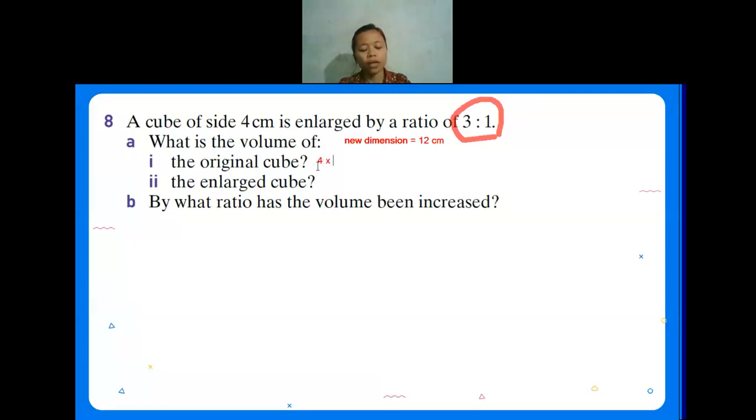So 4 times 4 times 4, which equals 64 centimeter cube. And then what is the volume for the enlarged cube? 1728. Yeah, 12 times 12 times 12, which equals 1728 centimeter cube. And then what is the ratio?